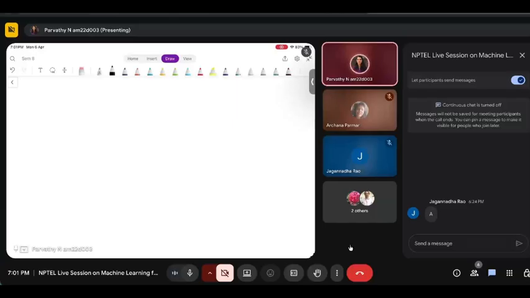Now, coming to GAN, in GAN we have two networks: a generator and a discriminator.